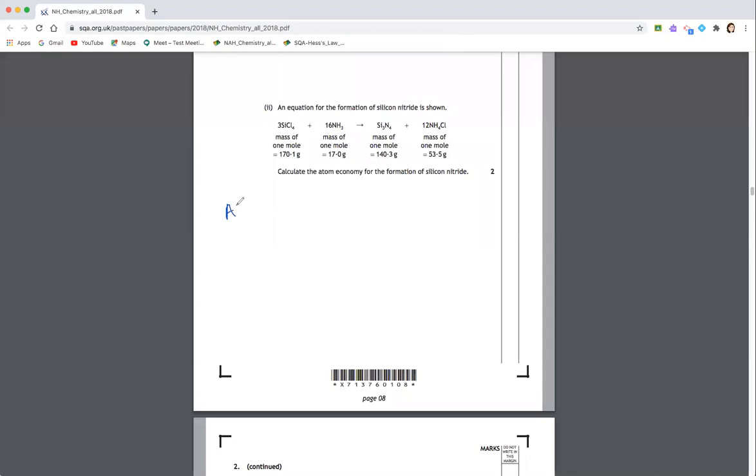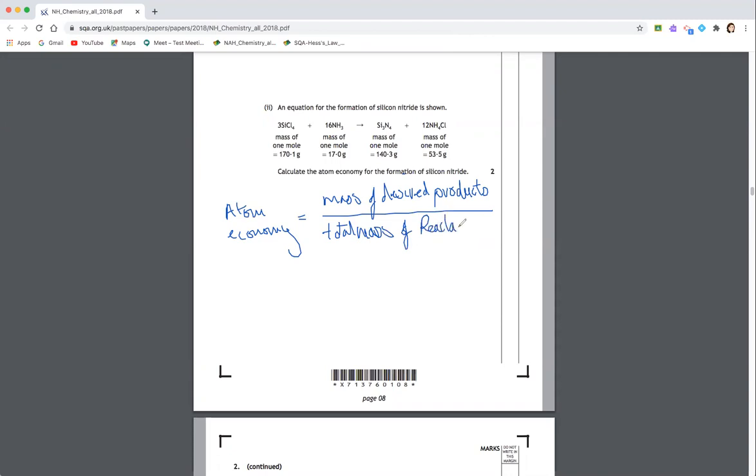It is mass of desired products over total mass of reactants, times by 100. So atom economy basically tells you the percentage of atoms in the reactants that end up in your desired product. So we're looking for the atom economy of silicon nitride, which means the silicon nitride is our desired product.